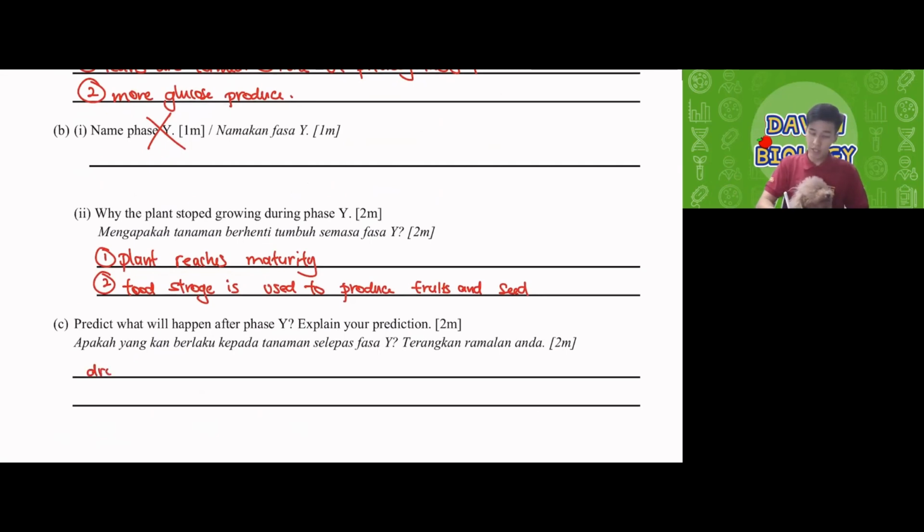Yeah, we say the dry mass decreases, because they start to shed leaves, but most importantly, they disperse the seeds, because reproduction is the important thing here. So dispersal of seeds and fruits. Okay, so you can see this question is very straightforward.